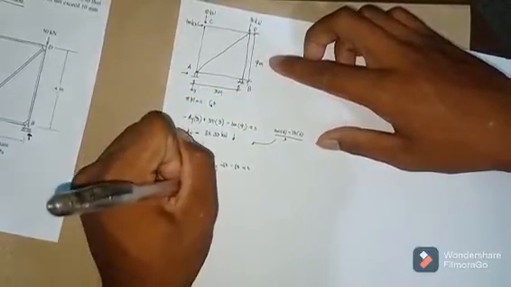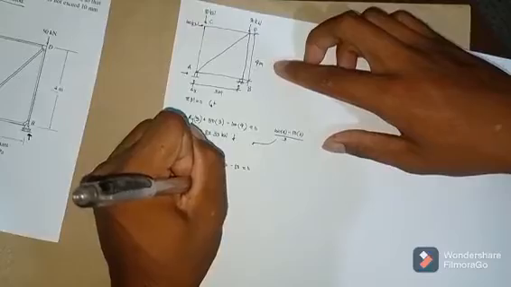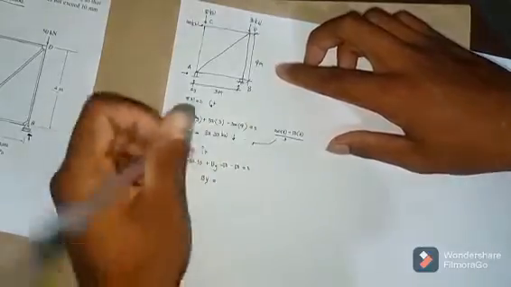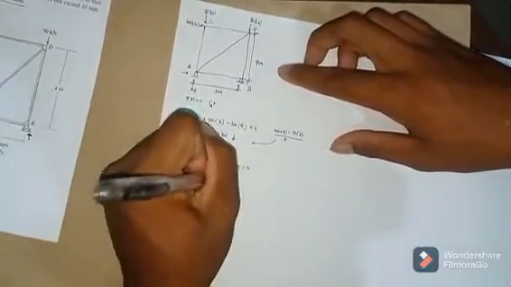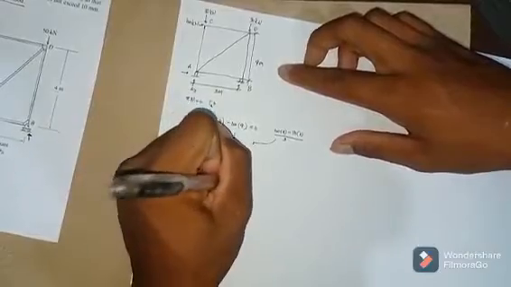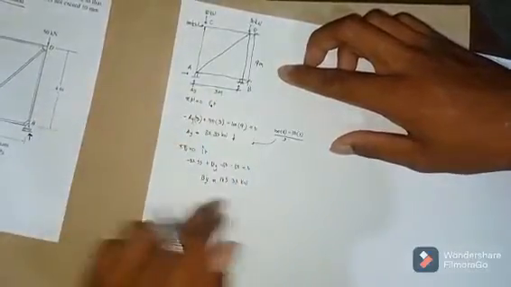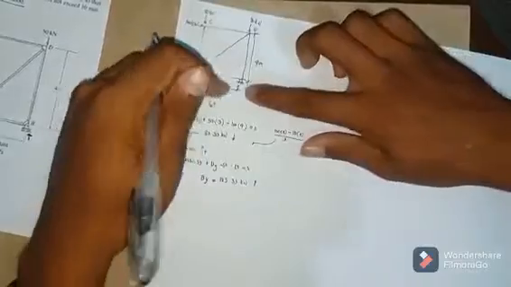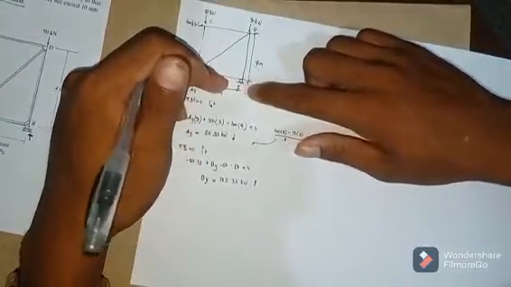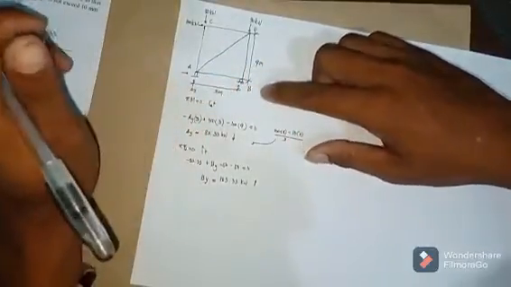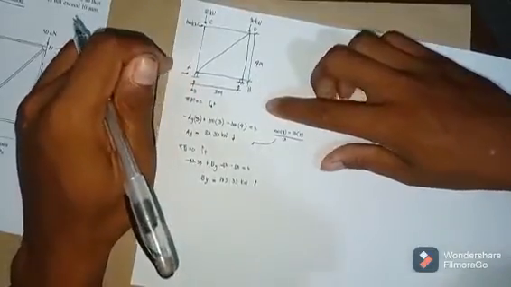So BY is equal to, transpose lahat, so adding, 183.33 kilonewton, and then upward. So correct yung ating direction ng forces dito sa my vertical.